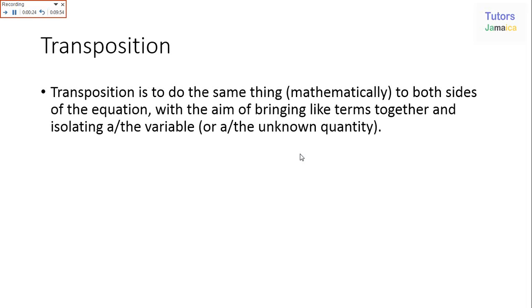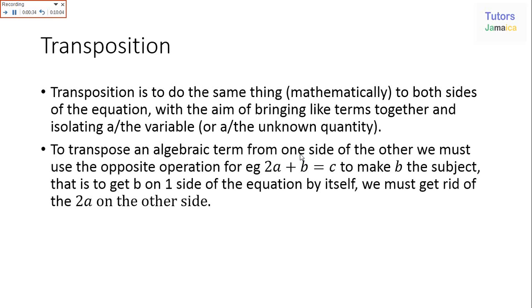So the thing that you are trying to solve for, you want to get it by itself on one side of the equation and everything else on the other side of the equation. Now, to transpose an algebraic term from one side to the other, we must use the opposite operation.